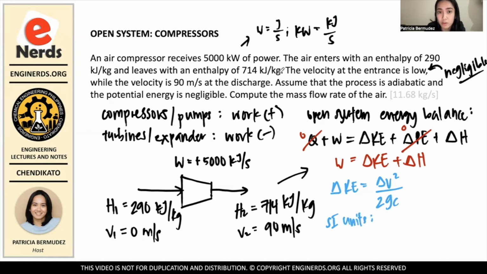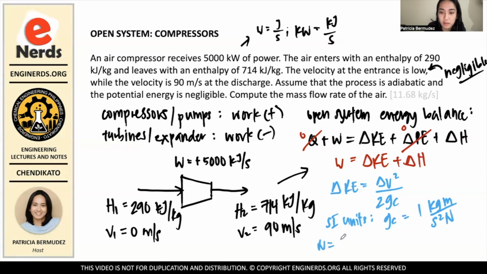Tapos, ito kilojoules per kilogram. These are all in SI units. So, if we're talking about SI units, yung GC natin is just 1 kilogram meters per second squared per Newton. And we know that kilogram meters per second squared is also equals to Newton.